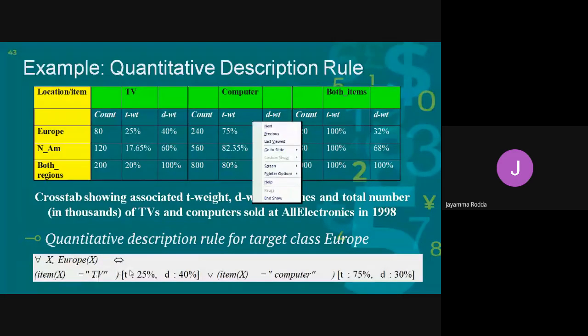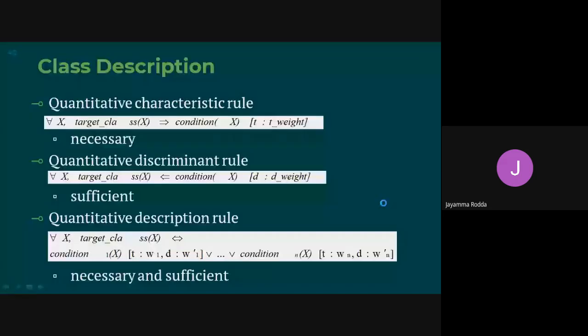For the TV, what is the T weight, what is the D weight? And along with that item, what is the other item that you are going to select and what are its corresponding T weight and D weight? Remember we have seen this previously.